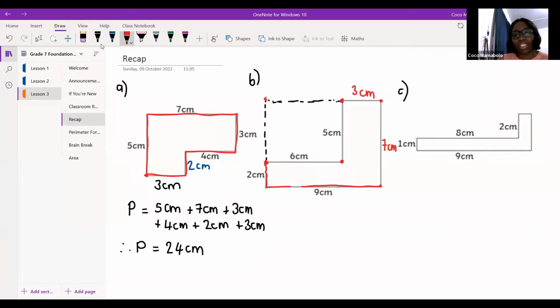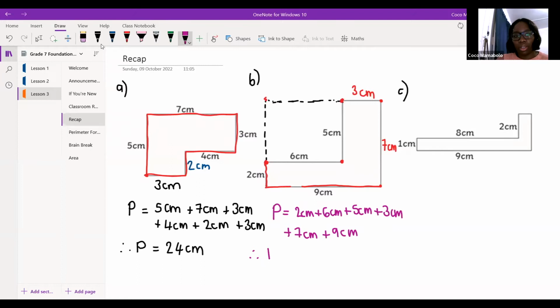Okay, if I don't have a volunteer, I should at least have people in the chat going, therefore P is equal to. So calculate for me, guys, and tell me what P is going to be equal to. Tell me in the chat. Emerson, remember how we write it down. P is equal to 2 centimeters plus 6 centimeters plus 5 centimeters plus 3 centimeters plus 7 centimeters plus 9 centimeters.